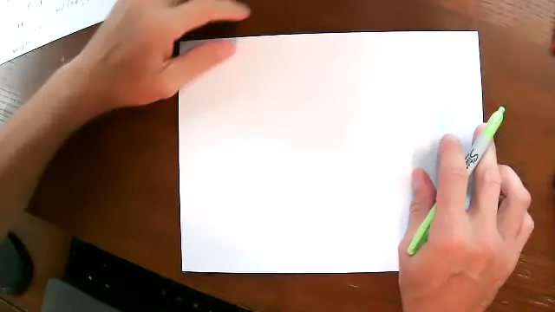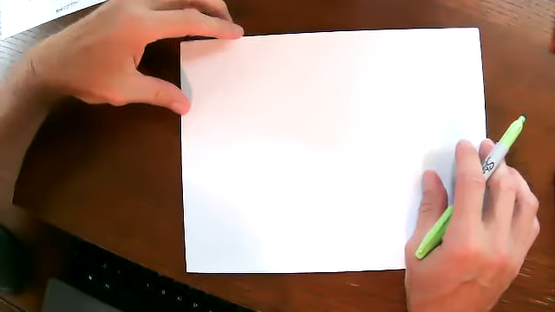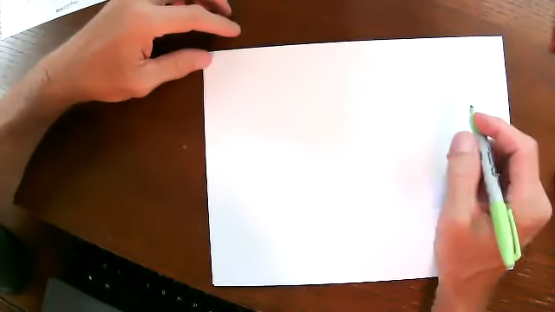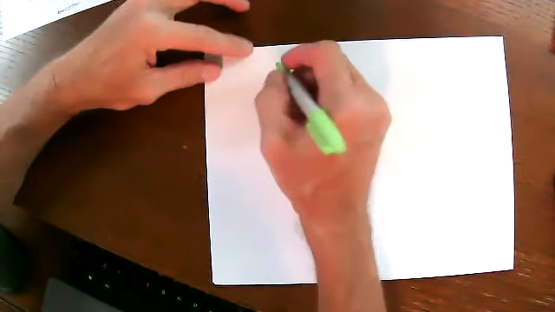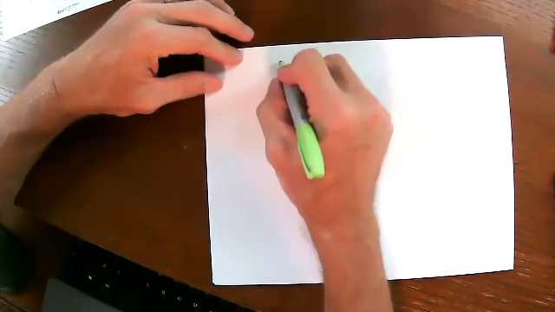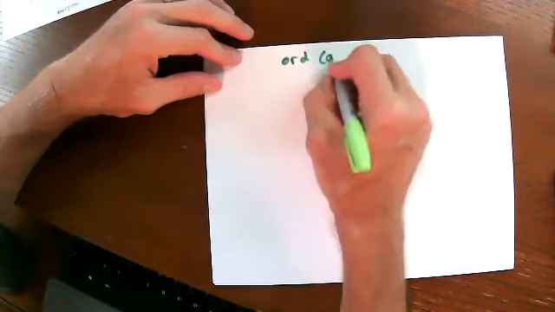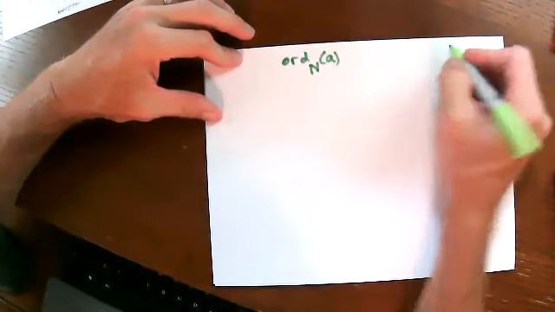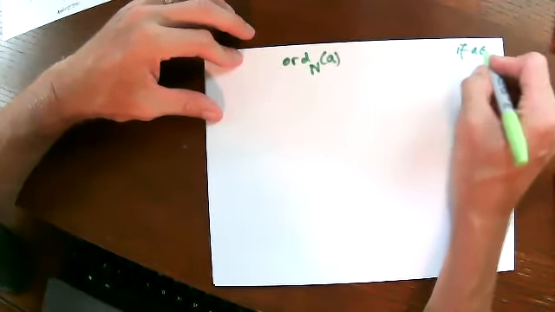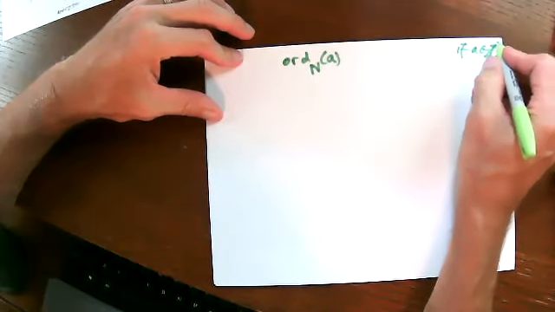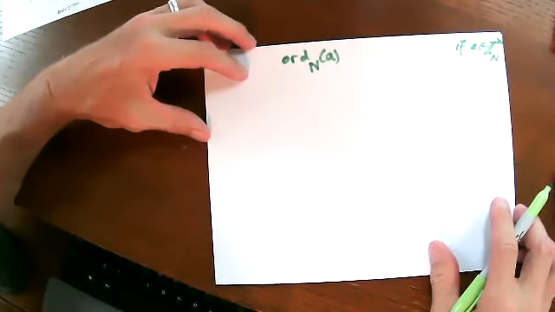All right, so as I said, I wanted to give one sort of computational tool that links together these different ideas, these different numbers that we've been computing. So we have been discussing the order of an element A, mod n in general. This only applies if A is an invertible element mod n.